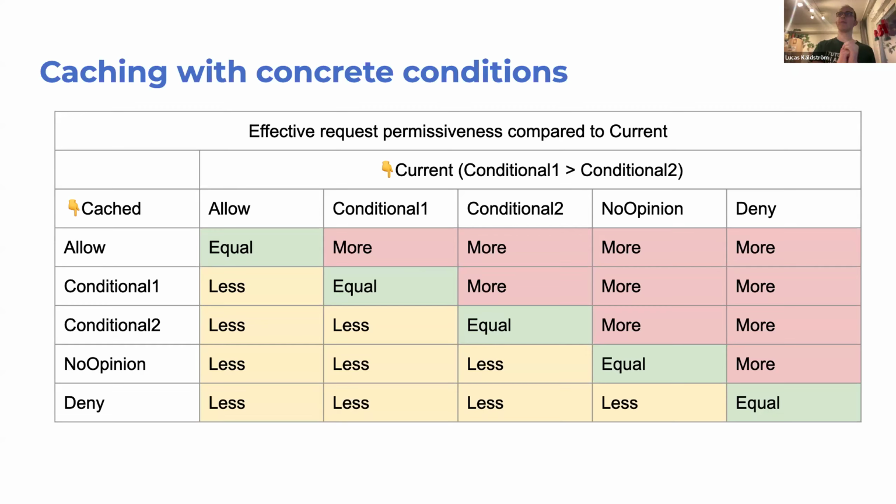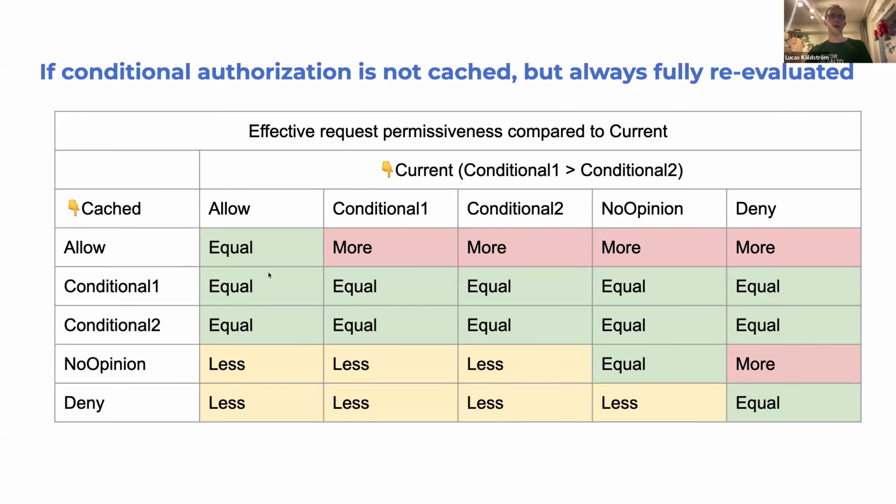partial evaluation in the beginning, but just figured out: do I need more information, or do I have all the information? And in the case that it would just say give me more information, then it would look like this. So basically the conditional responses are effectively not cached.